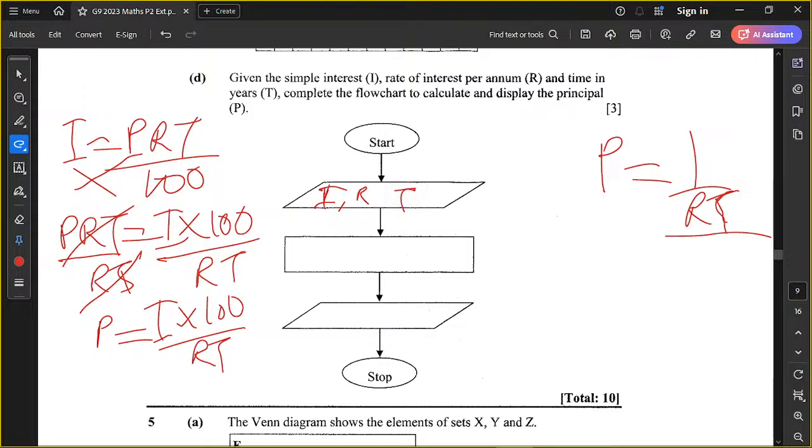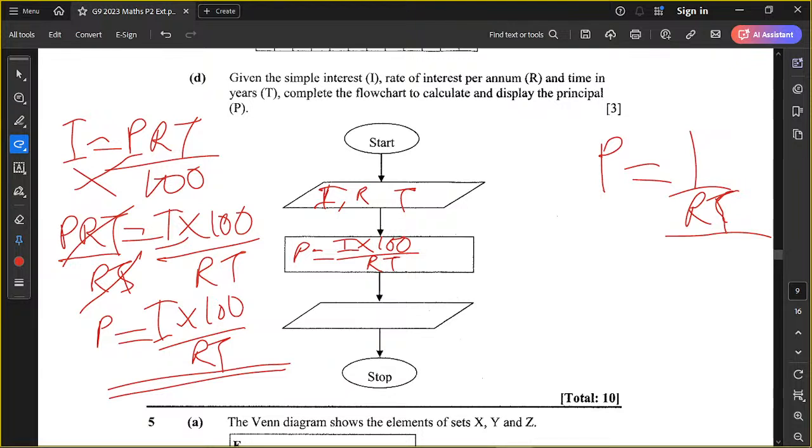Then here we enter the formula, which is principal is equal to interest times 100 over RT. This is the formula I'm getting.